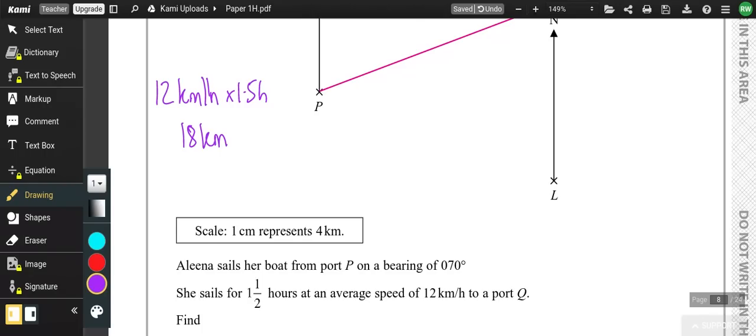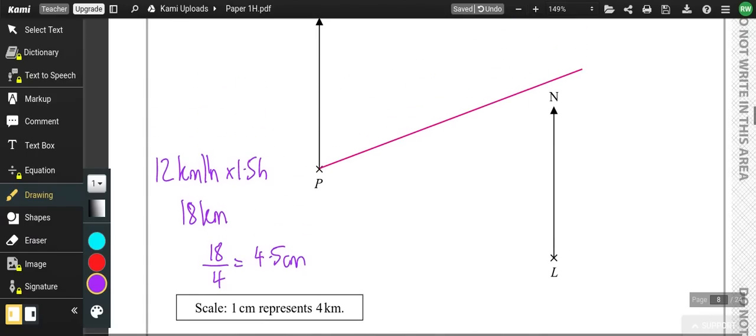The scale is 1 centimeter represents 4. So if I divide 18 by 4, so divided by 2 is 9, divided by 2 again is 4.5 centimeters on this scale. So I would measure 4.5 centimeters on the page, and that would be port Q.